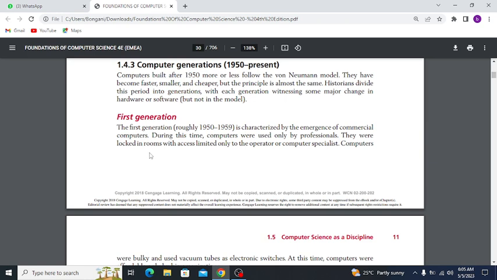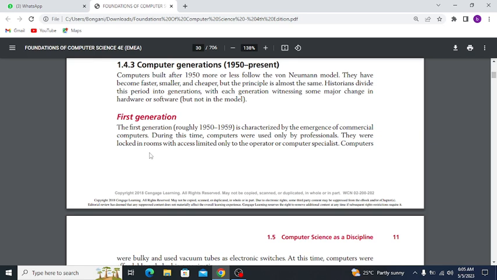Then scientists discovered transistors. Transistors were much smaller than vacuum tubes, and they lasted longer, so computer size could be reduced. That's why computers are getting smaller and smaller.